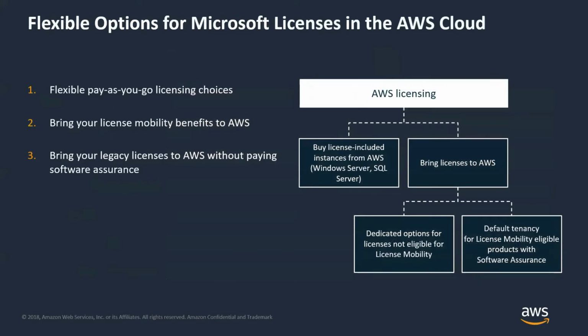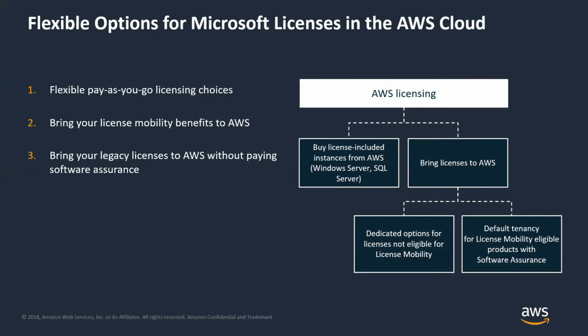So earlier we covered licensing in the licensing session, so I won't spend too much time on this, but basically: bring your own license, use license mobility, do software assurance, or you can have AWS manage your licenses for you.